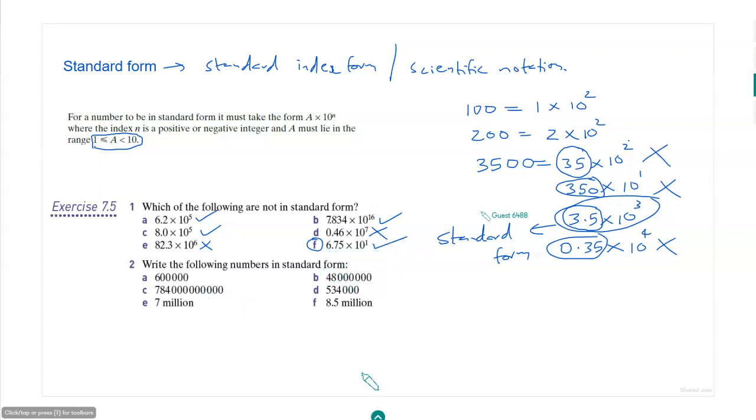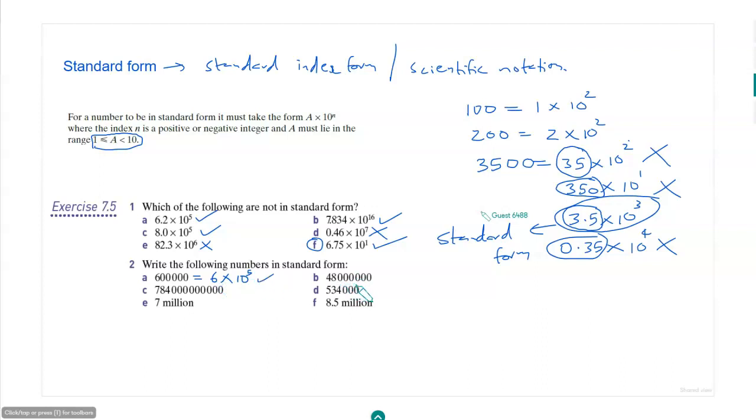Now, write the following numbers in standard form. 600,000. Will you write this in standard form? 6 times 10 to the power 5. 1, 2, 3, 4, 5. Yes, 10 to the power 5. Correct. Then, how about this one? 48.